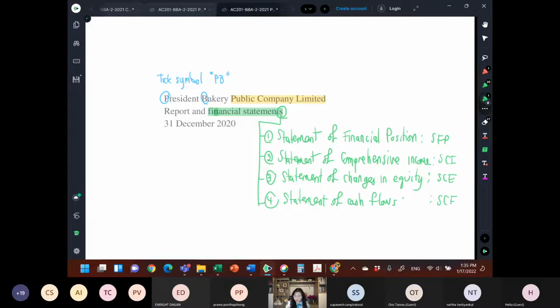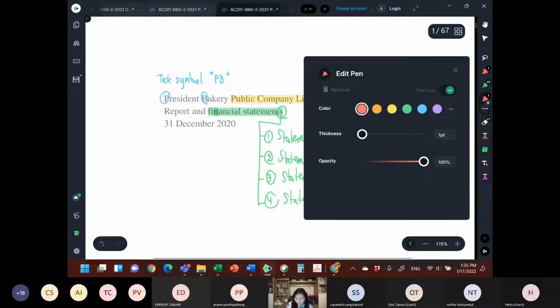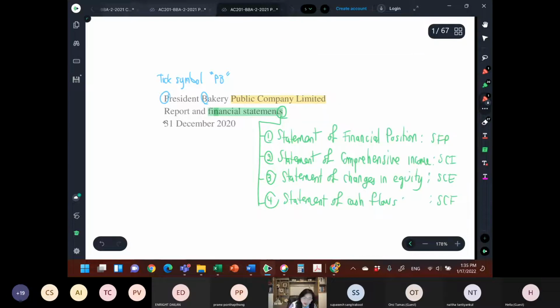Another thing that I would like you to see as well is this one. Over here you see that this is the financial report for the 31st of December 2020.